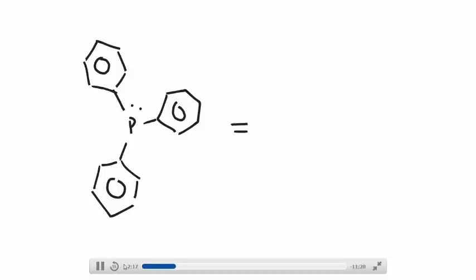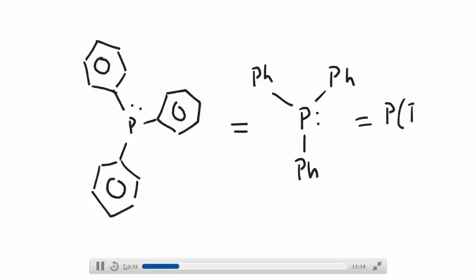And we often will denote this as phosphorus, and we have Ph to represent phenyl rings. This is commonly used, or we just say PPh3 to make this much more simple. But these are the different chemical species. These symbols all represent the same chemical species. They're all exactly the same.